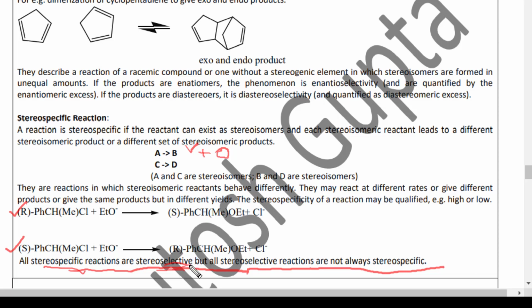That is why we say stereoselective. But not all stereoselective reactions can be stereospecific, because in stereoselective we are going to get more than one product in a good ratio, say like 80-20. But here it will be something like 99.9 to 0.1. So that is the difference. Stereospecific reactions are stereoselective, but not all stereoselective reactions are stereospecific.